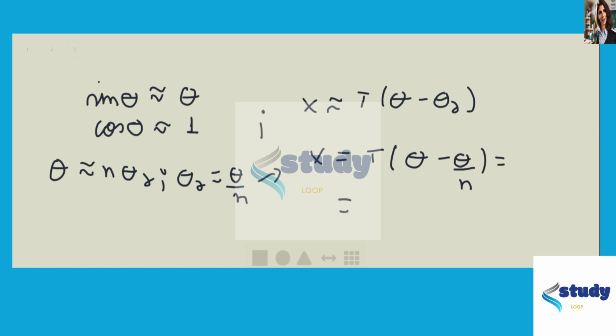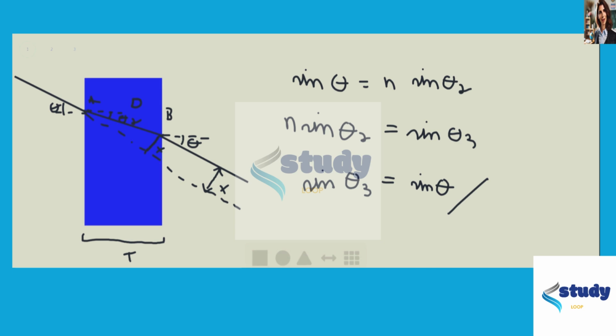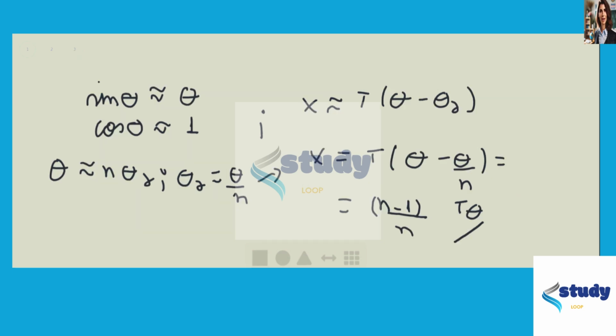And we can simplify this as n minus 1 over n, t theta. So this is the relation of the displacement of the beam with the initial angle, if the angle theta is small, and look at this.